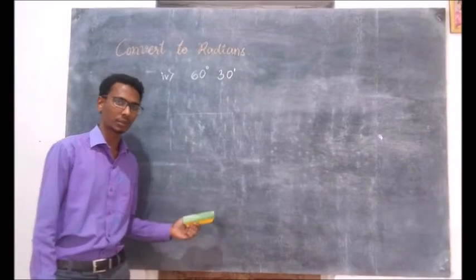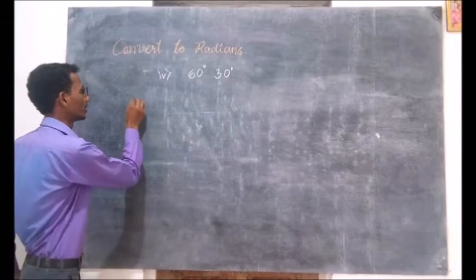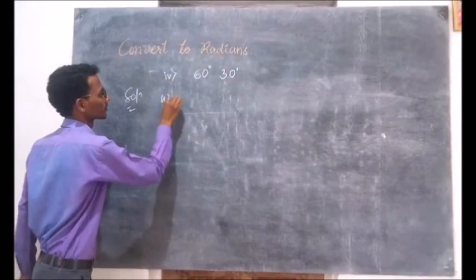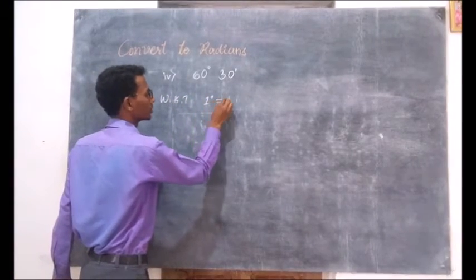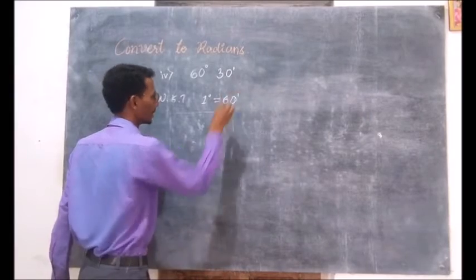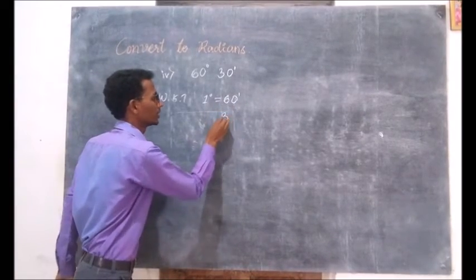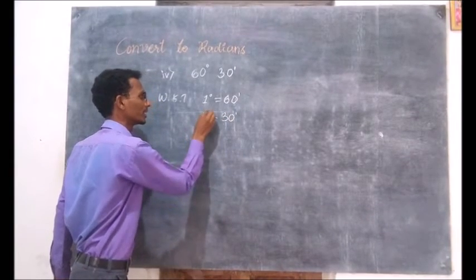Now we shall look into a problem which involves a degree as well as a minute. Here we know that 1 degree is equal to 60 minutes. So 30 minutes is equal to 1 by 2 degrees.